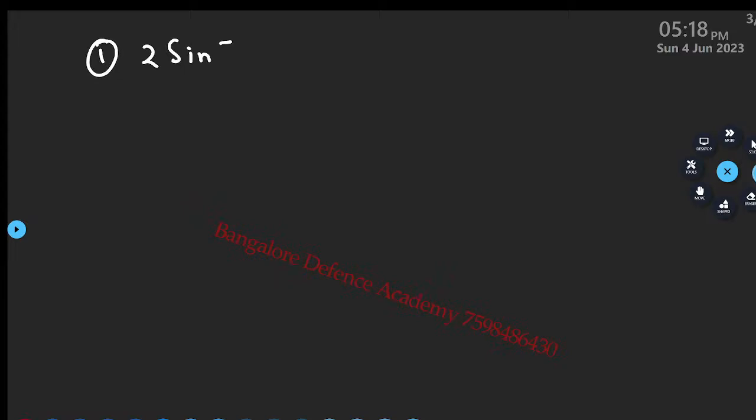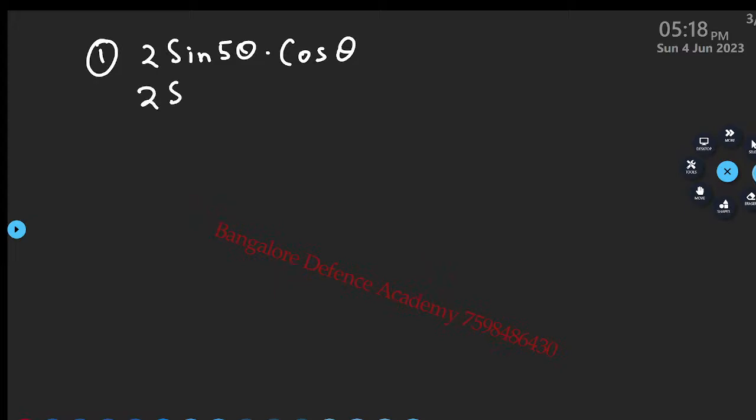First question, take down. 2 sin 5 theta into cos theta. Question given. So which formula will you use here?